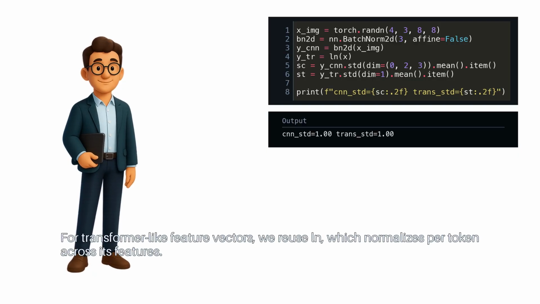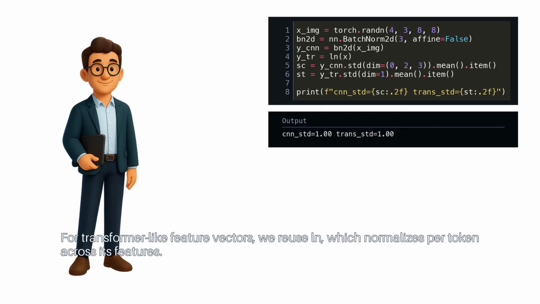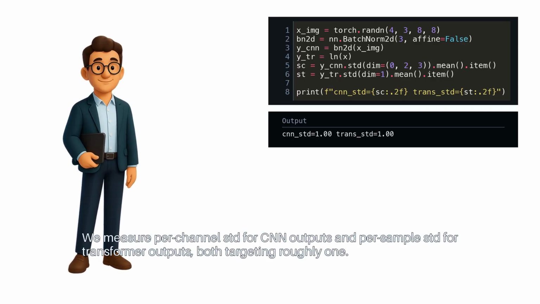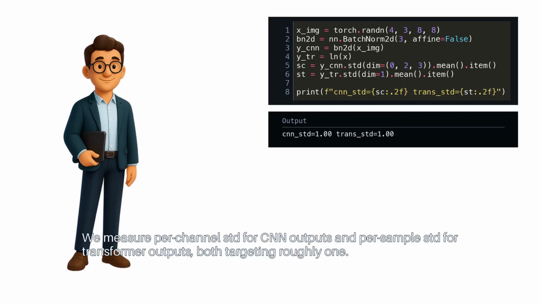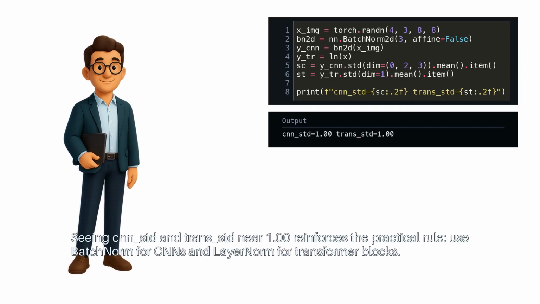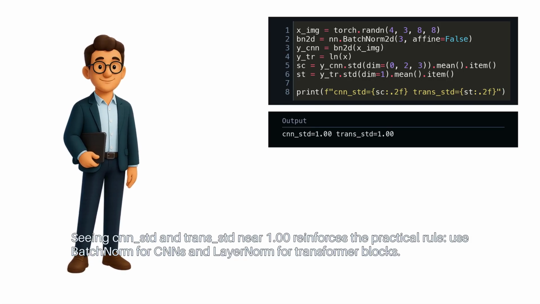For transformer-like feature vectors, we reuse LN, which normalizes per token across its features. We measure per channel STD for CNN outputs and per sample STD for transformer outputs, both targeting roughly 1. Seeing CNN STD and trans STD near 1.00 reinforces the practical rule. Use BatchNorm for CNNs and LayerNorm for transformer blocks.